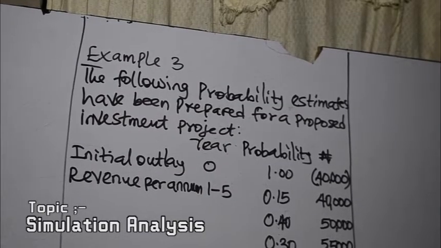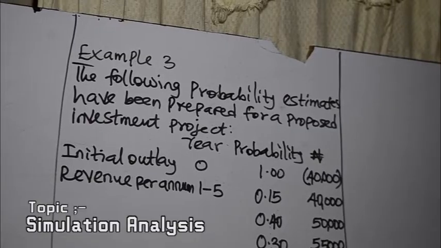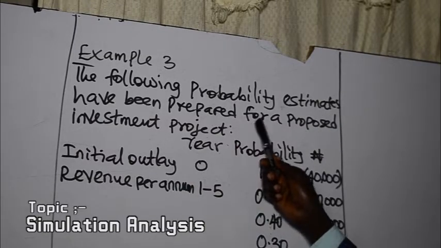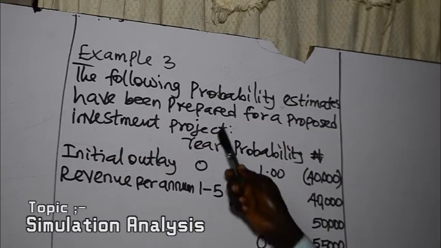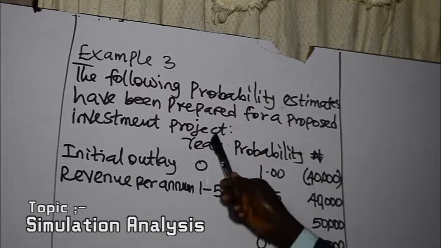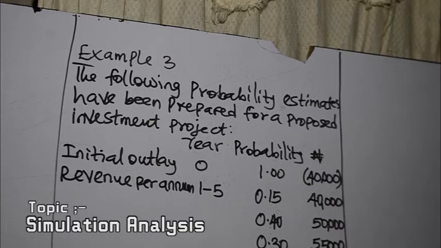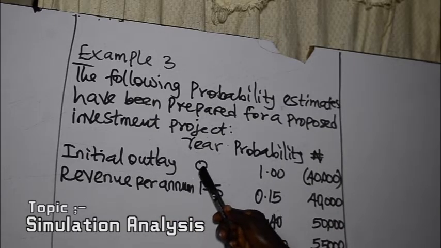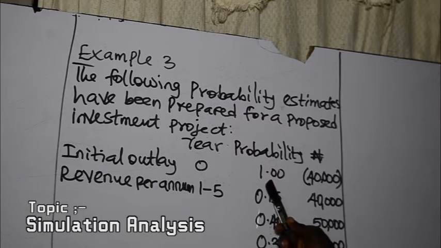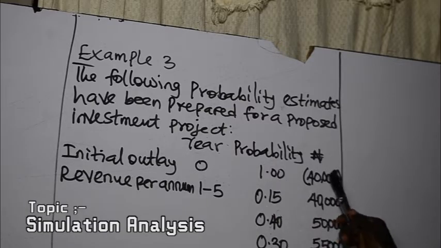Example 3. The following probability estimates have been prepared for a proposed investment project. Year, probability, and the amount in naira. We have the initial outlay in year 0 with a probability of 1, and the amount is 40,000 naira.